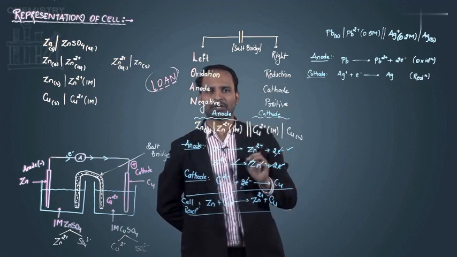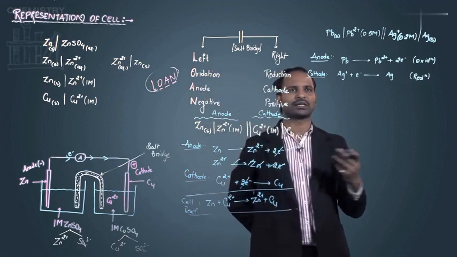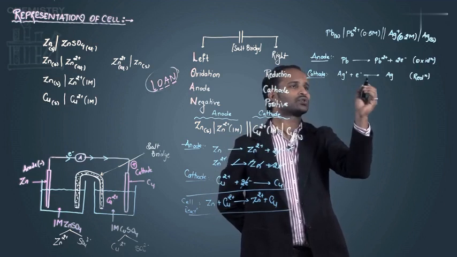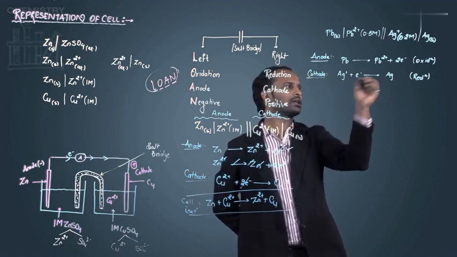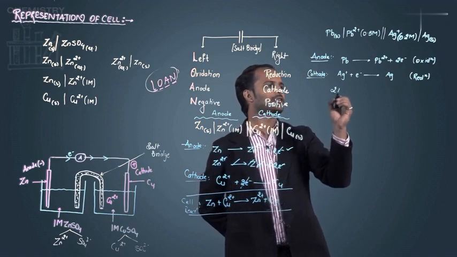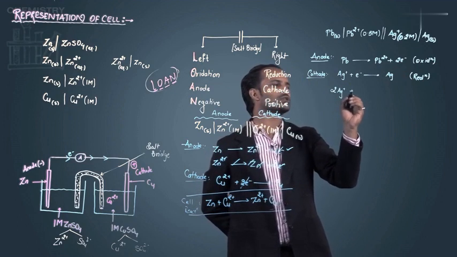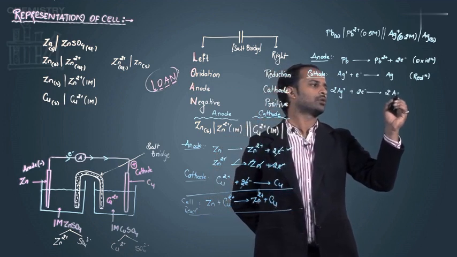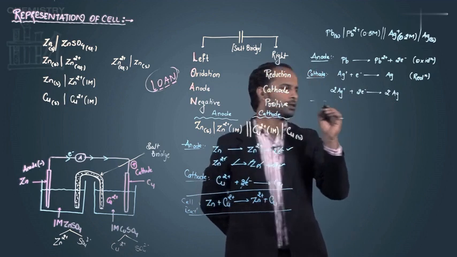Now after adding both reactions, we will get the cell reaction. To get that, the electrons should get cancelled during the addition. There is 1 electron and there are 2 electrons, so multiply this by 2. When multiplied, we get 2 Ag+ plus 2 electrons gives 2 Ag. And then add.